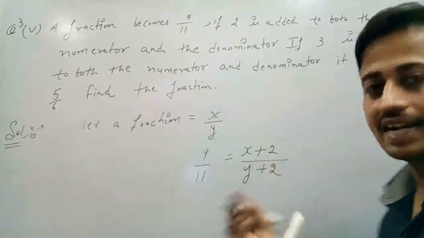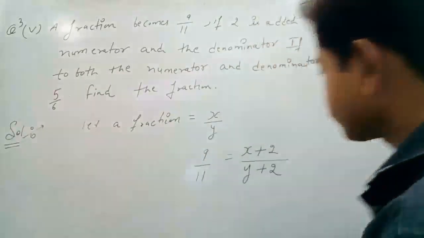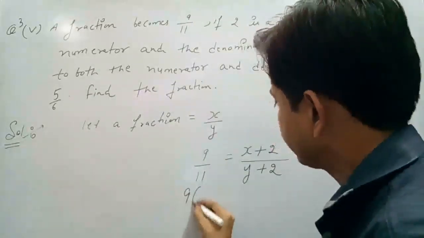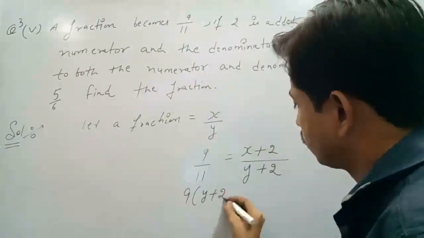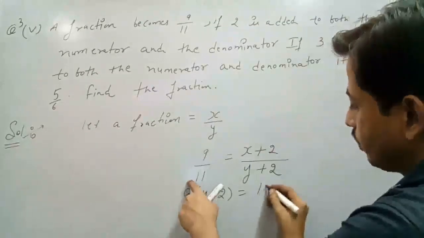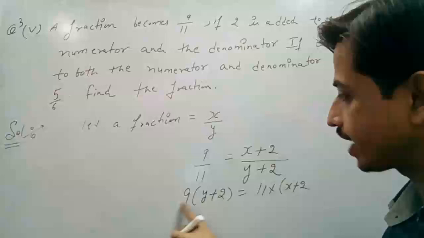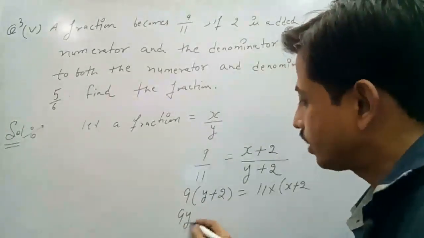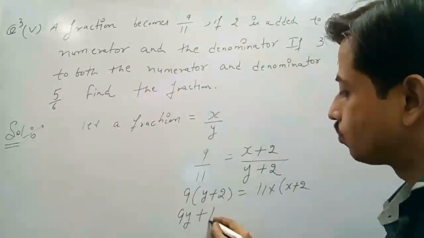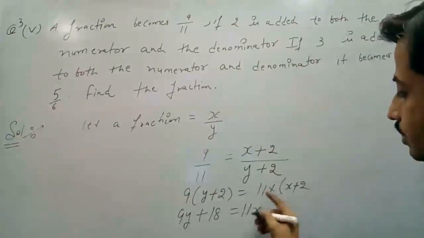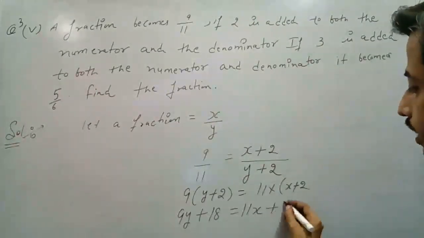Now please solve this and get a simplified form. Do cross multiply. If we multiply 9 into y plus 2 and 11 multiply x plus 2, we get 9 into y, 9y, plus 9 into 2, 18. 11 into x, 11x, 11 into 2, 22.